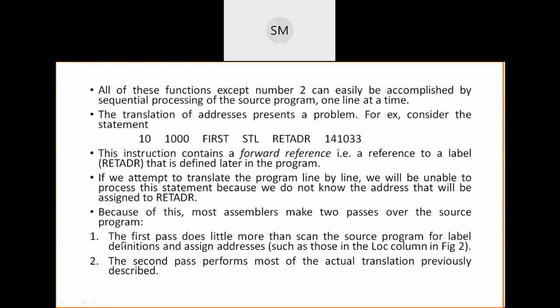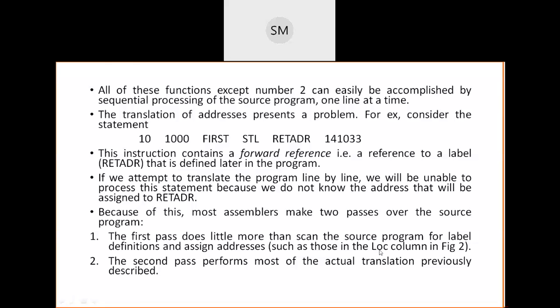See here, what is the first pass? The first pass does little more than scan the source program line by line for label definitions and assign the addresses. Assigning addresses, you have already done actually. We assumed our program is going to start at address 1000, and each and every instruction in our SIC program is 24 bits long, which is nothing but 3 bytes.